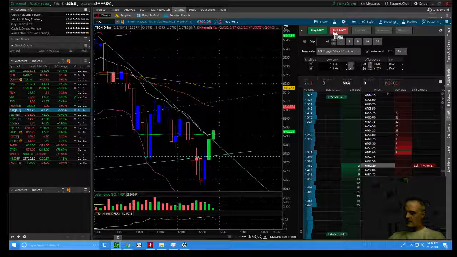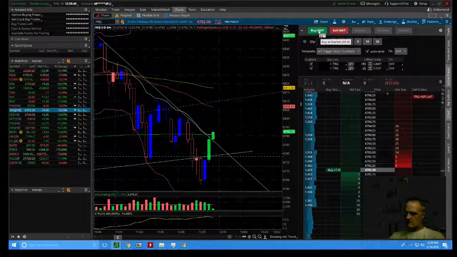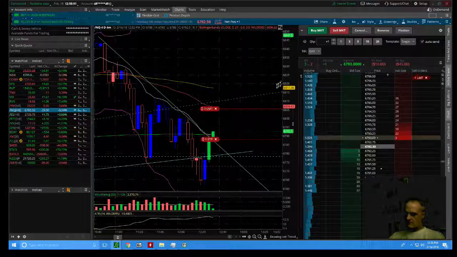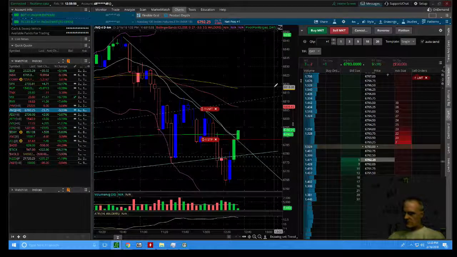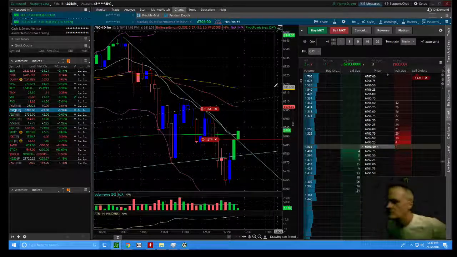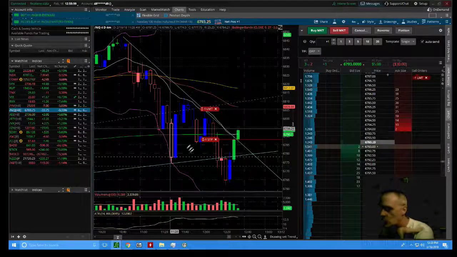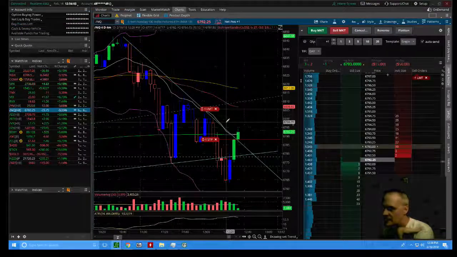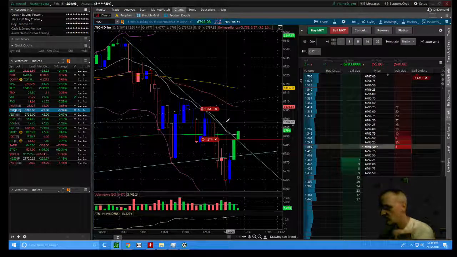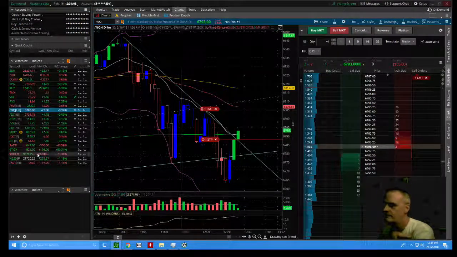Or if I want to take a risk, because I suspect that it's going to close above that, because the hard part is if you wait for it to close, you may have missed the move.